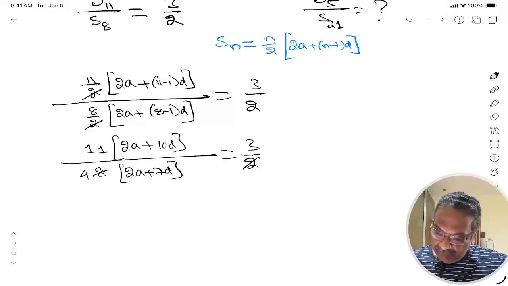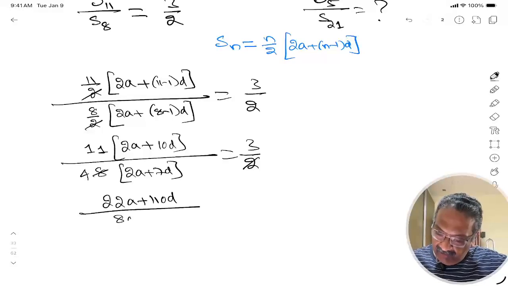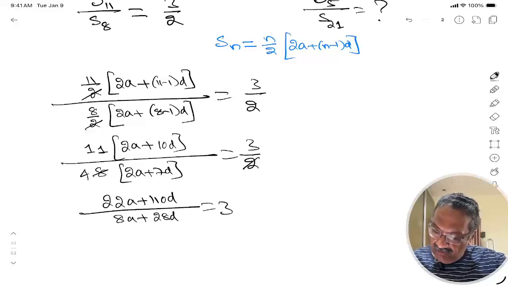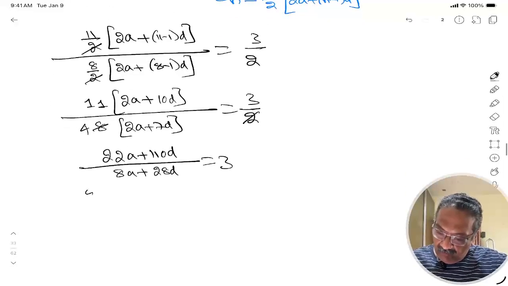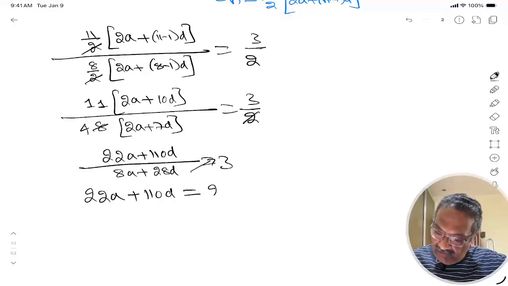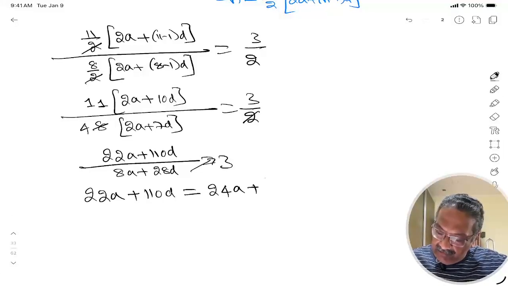So we get 22a plus 110d divided by 8a plus 7 4s are 28d is equal to 3. So 22a plus 110d is equal to 8 3s are 24a plus 28 into 3, that is 84d.